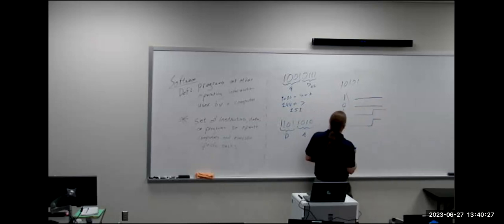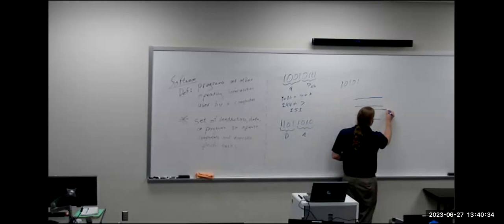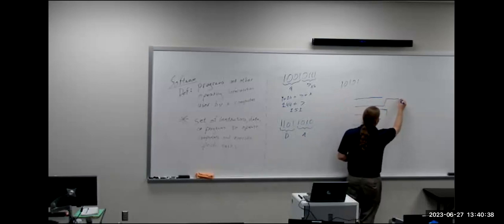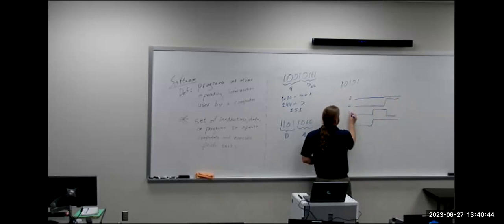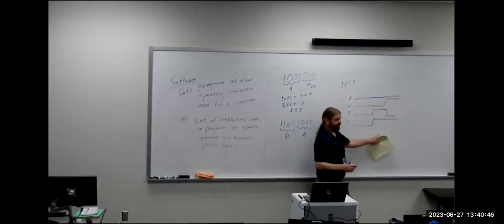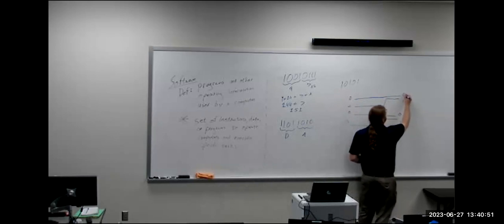These stay at 0. Somehow my numbers got off. One goes back to 0, and this one goes up to a 1 for the next little amount of time. This one stays up with 1. So at the start, all of them are off, and then when we get finished over here, that one's on, that one's off, that one's on, that one's off.